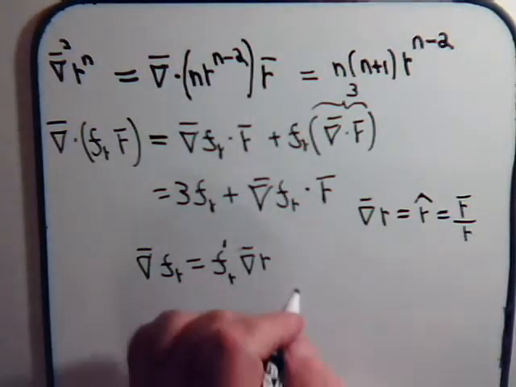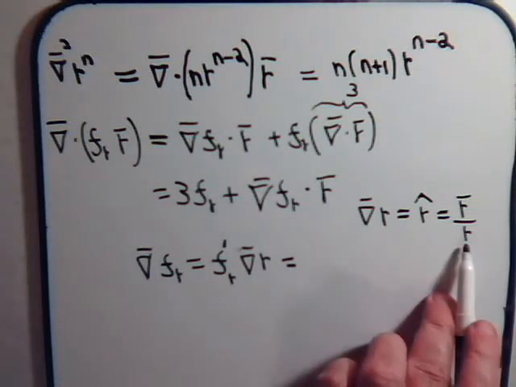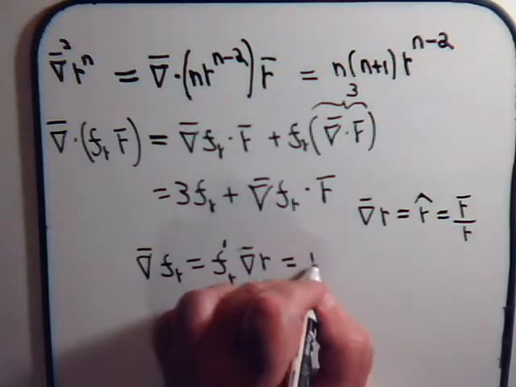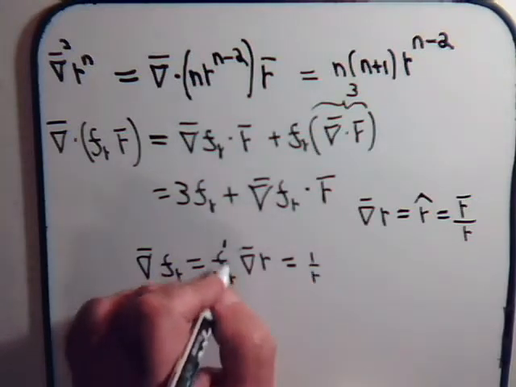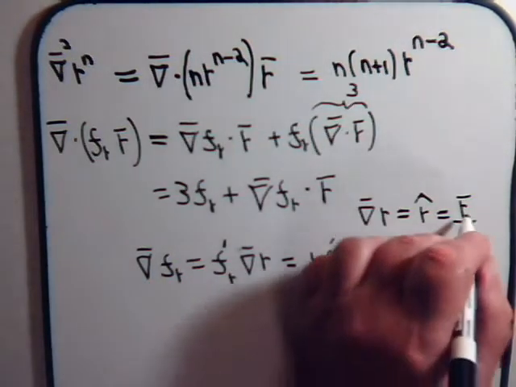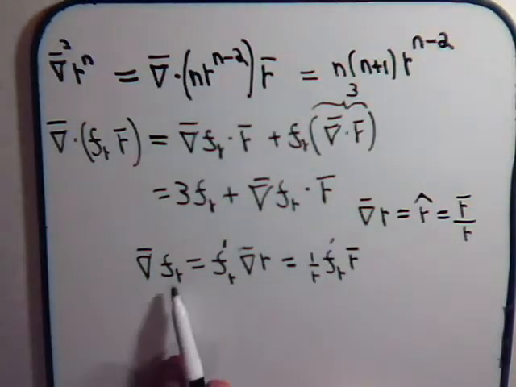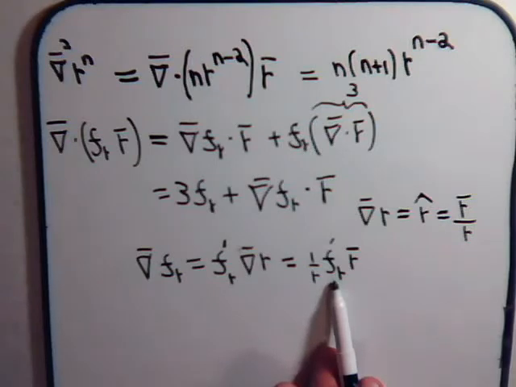So this is equal to 1 over r times the derivative times the position vector r.